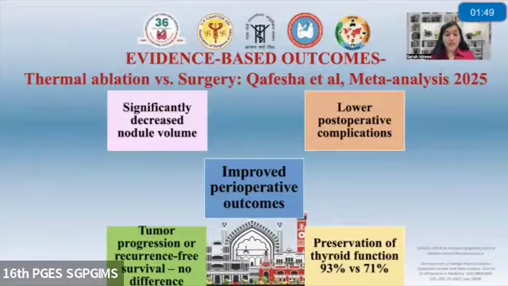There was a preservation of thyroid function in 93% of patients undergoing thermal ablation as compared to 71% of patients undergoing surgery, which is again a big thumbs up for ablative procedures. Even for tumor progression or recurrence-free survival, there was no difference between ablative procedures versus surgery, which gives a very good upper hand to thermal ablation as compared to surgery.